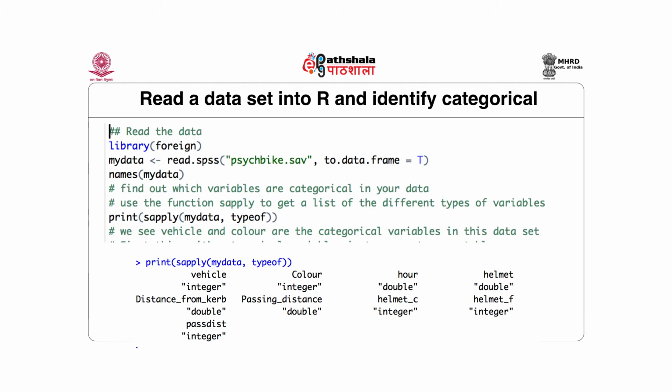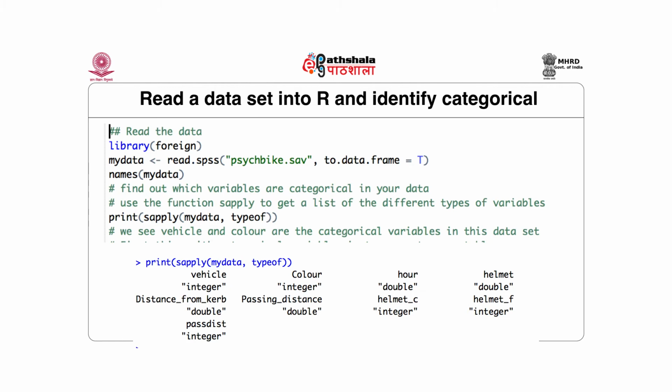The first thing that I've done is that I have loaded a library, and the library is called foreign. In a future tutorial, I'm going to talk about the foreign package and how to load the foreign package and how to use the foreign package. For the time being, just hold on to this thought. If you have installed a package, which is in this case foreign, by using install.packages foreign, then you can use this.